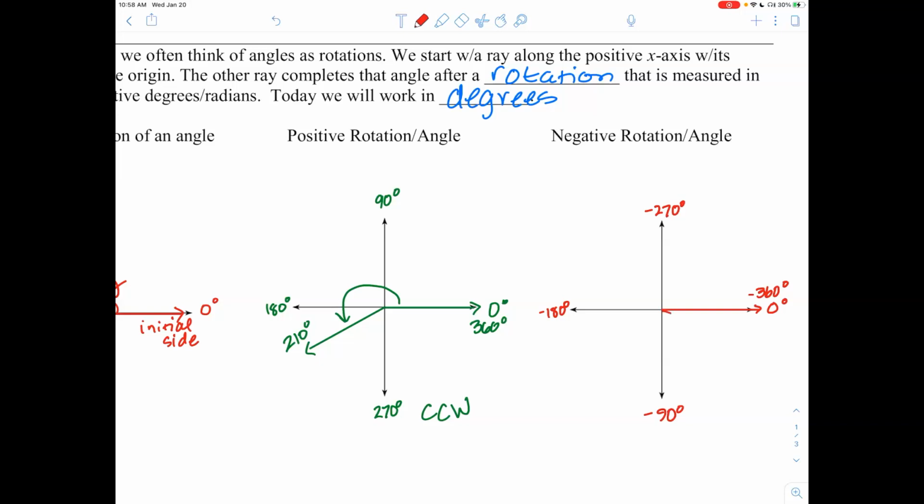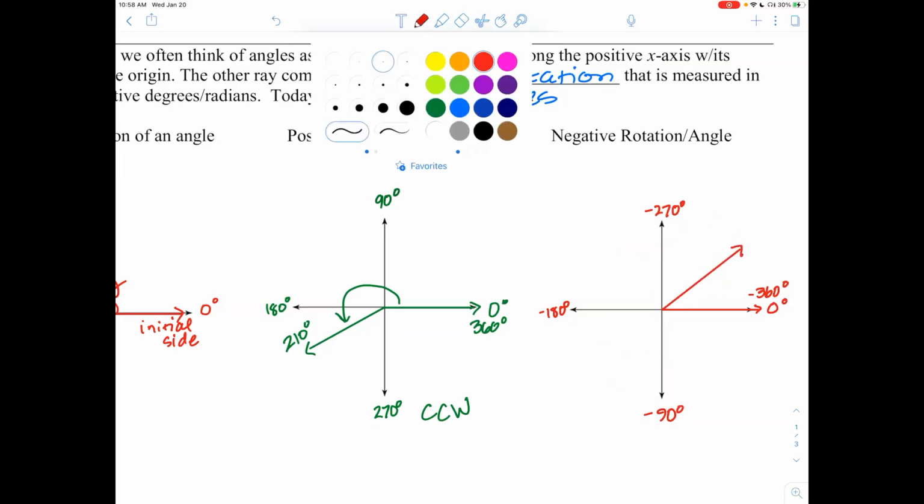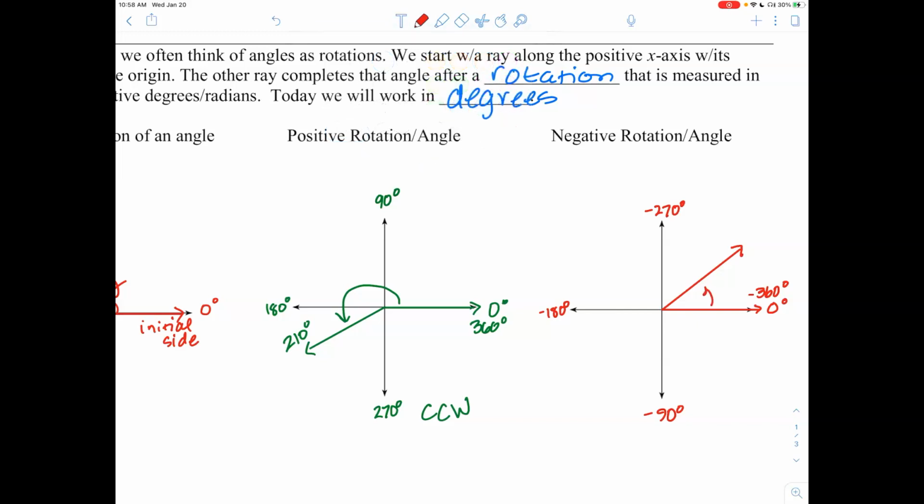So if I take my terminal side here and I rotate it to a certain position and I stop, you might think that you're talking about this angle here, but we're not, because that's not a negative rotation or a negative angle. We are talking about this measure here, right? So that could be a measure of, say, maybe negative 315 degrees.